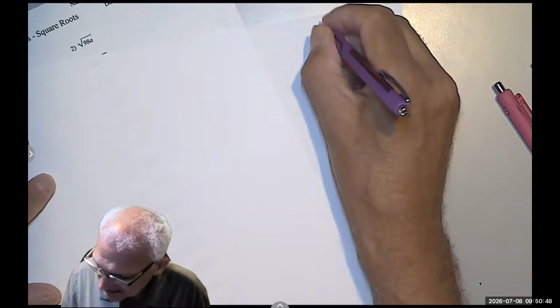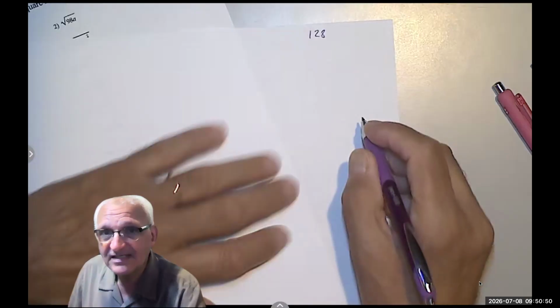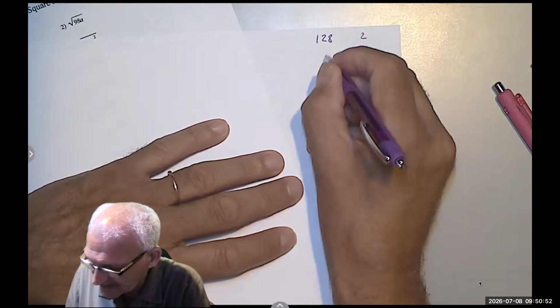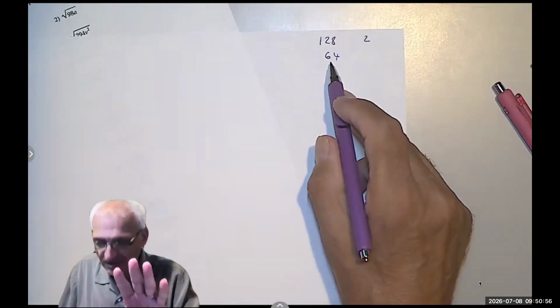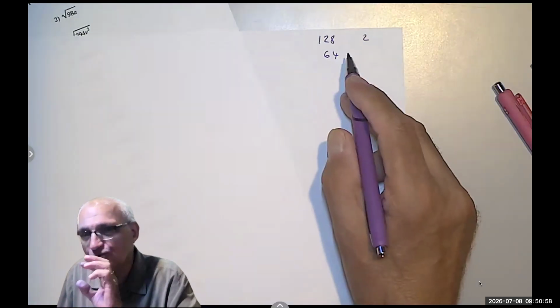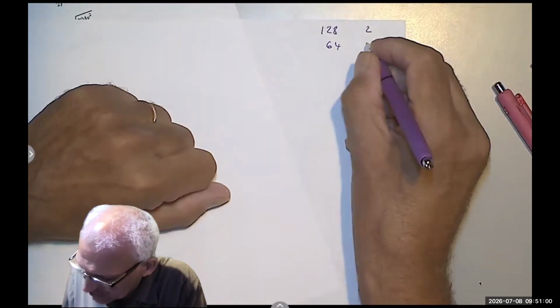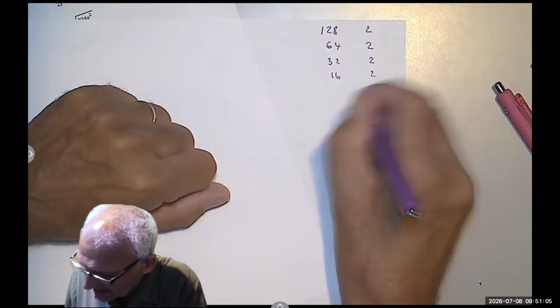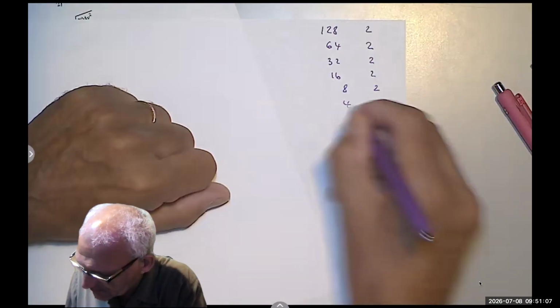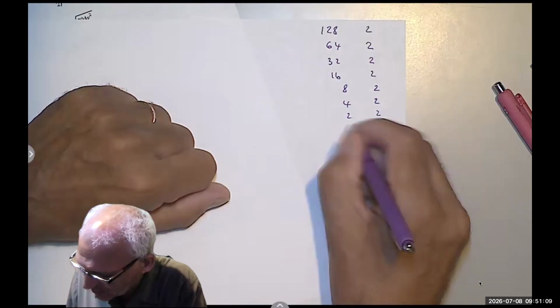If I have 128 and divide it by 2, I get 64. Some of you will jump and say, oh, 8 times 8 is 64. Yeah, that's fine, but I want to show you something. Divide by 2, I get 32. Divide by 2, I get 16. Divide by 2, I get 8. Divide by 2, I get 4. Divide by 2, I get 2. Divide by 2, I get 1.